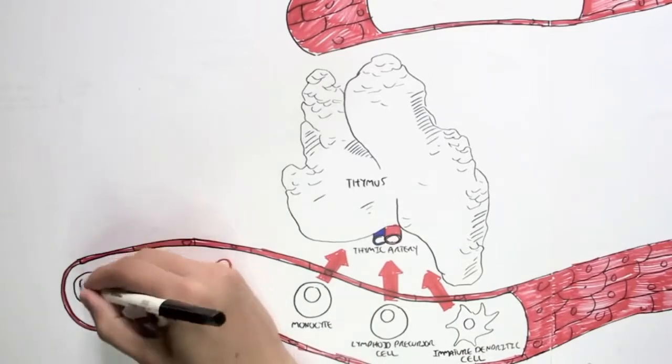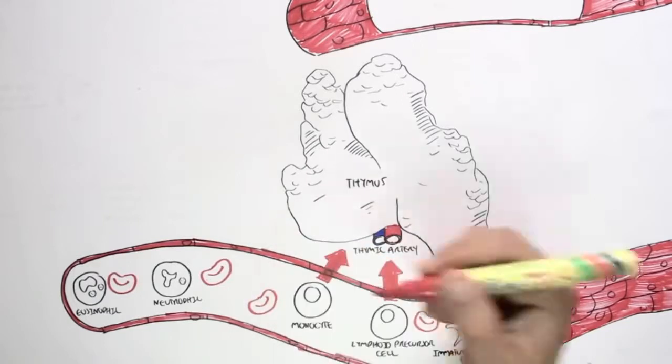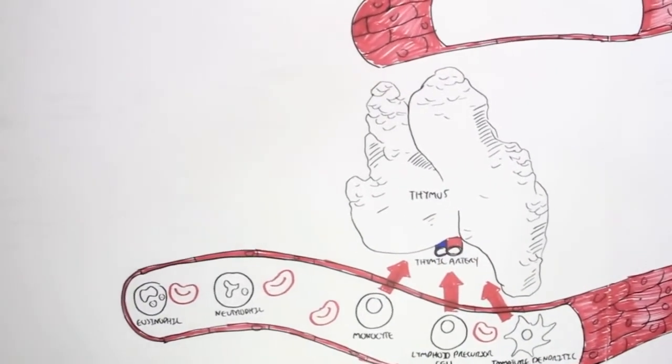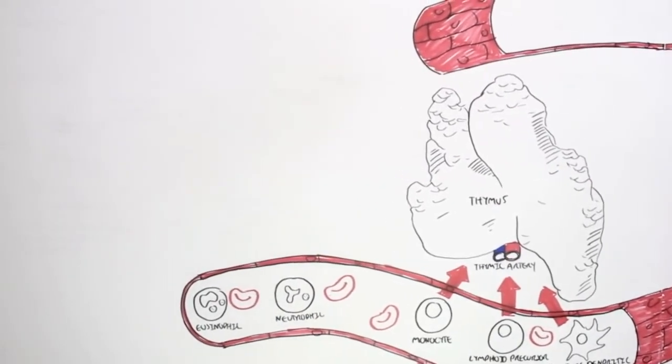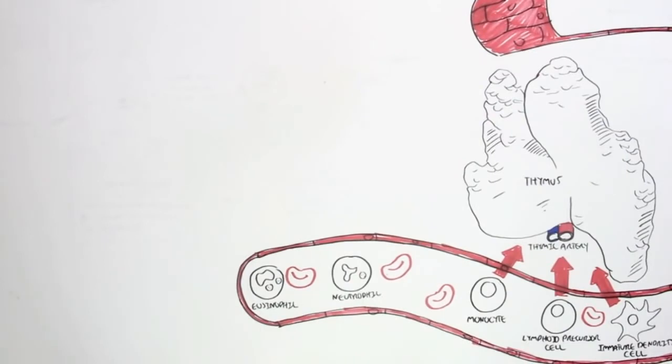And remember, the granulocytes are still circulating in the bloodstream, such as the neutrophil and eosinophil. So we finished there, and that concludes this video on the overall immune system. In the next video, we'll look at the lymphoid precursor cell and how it matures to become two types of T cells, CD4 and CD8.